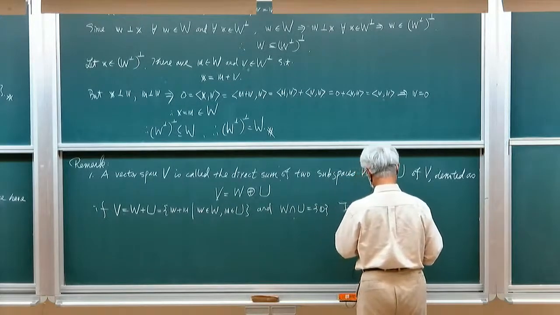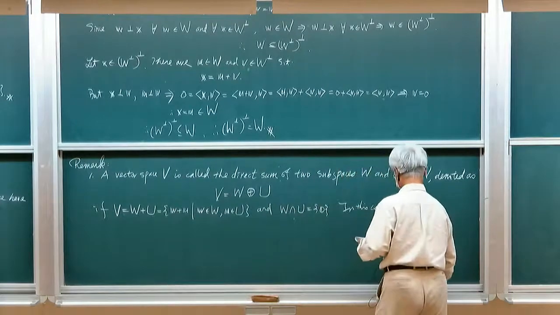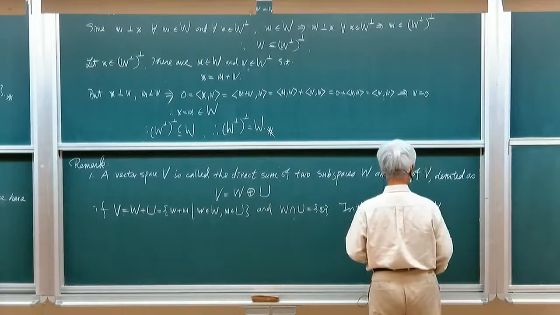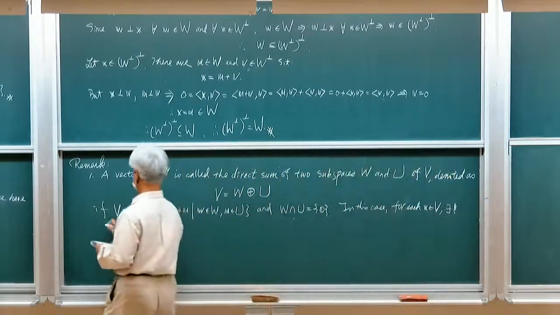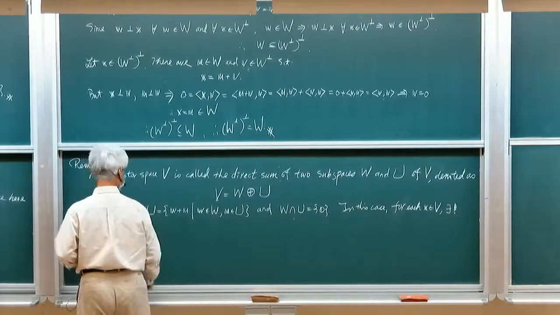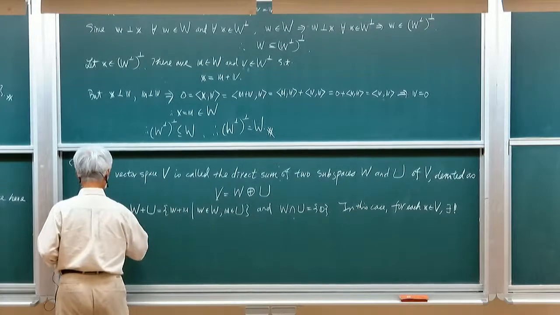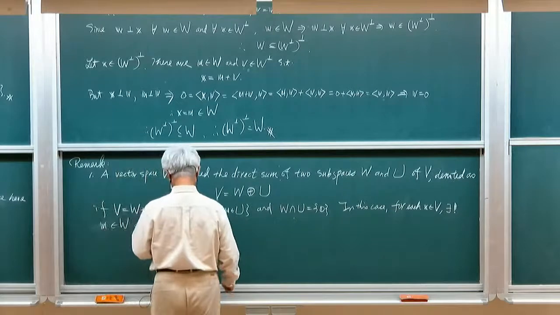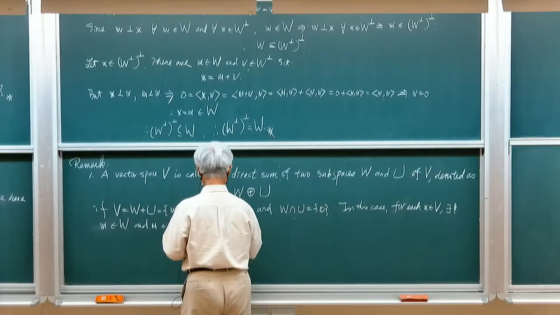Okay, so in this case, for each x in the vector space, there exists a unique vector w in subspace W and a unique vector u in subspace U such that x is equal to w plus u.